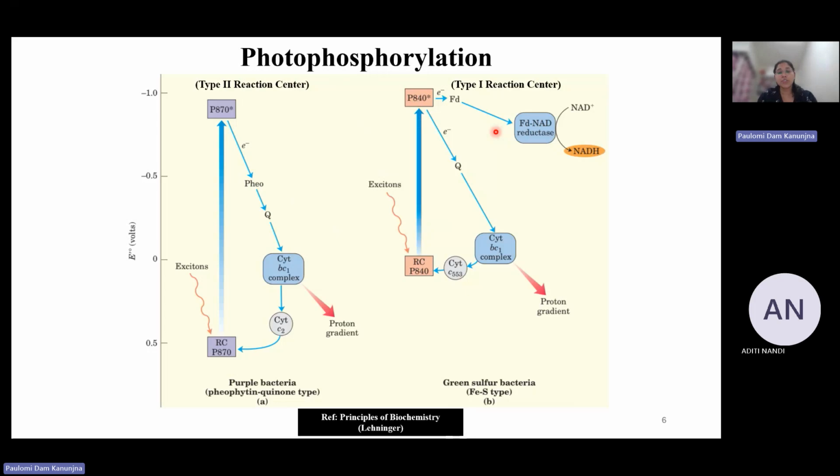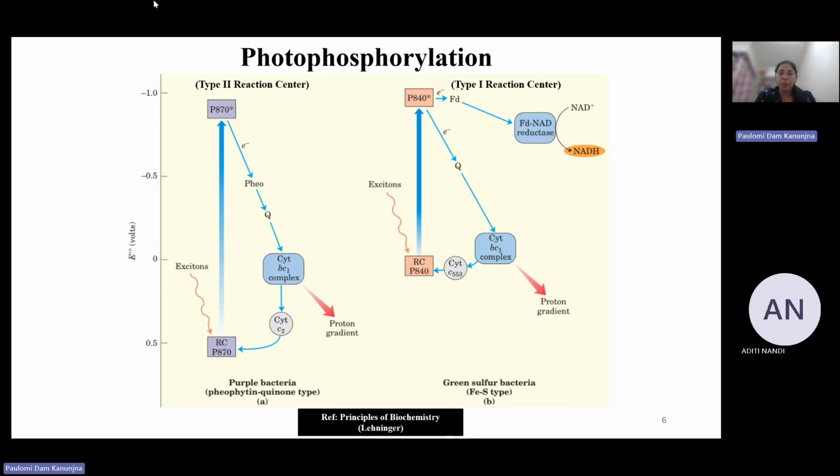Okay. Now this was about bacteria. Purple bacteria have one type, cyclic. The green sulfur bacteria have both. Here you will not see one thing, which is the splitting of water. So you will later see that in these, the compounds used to drive energy are different from water.